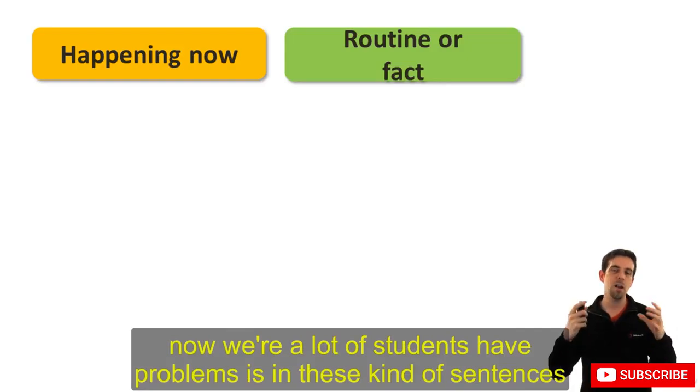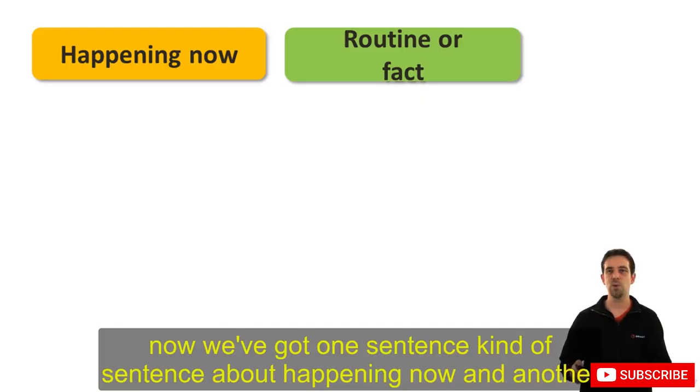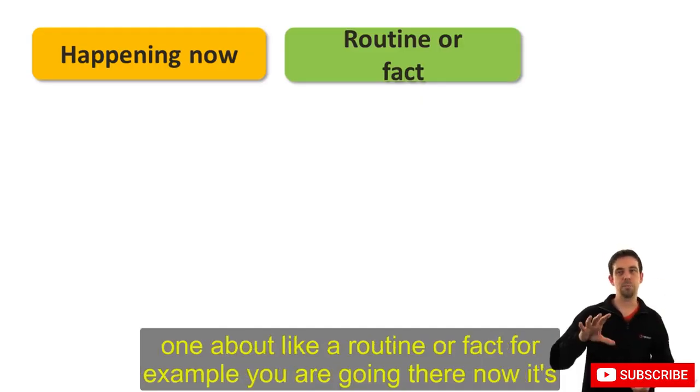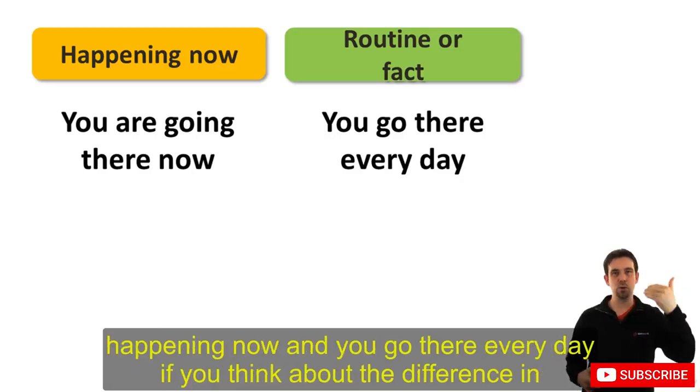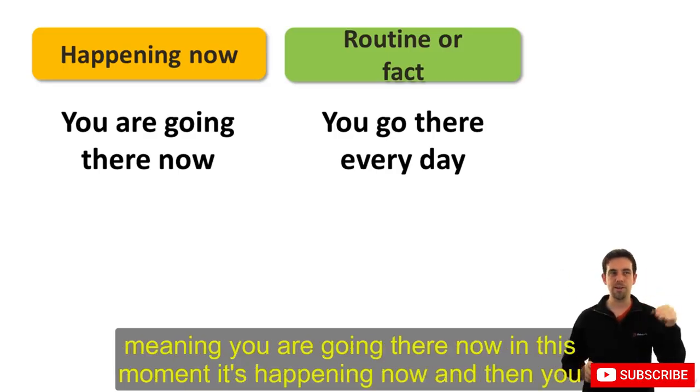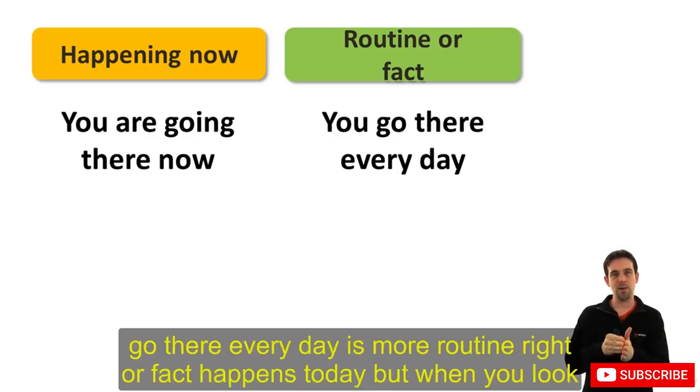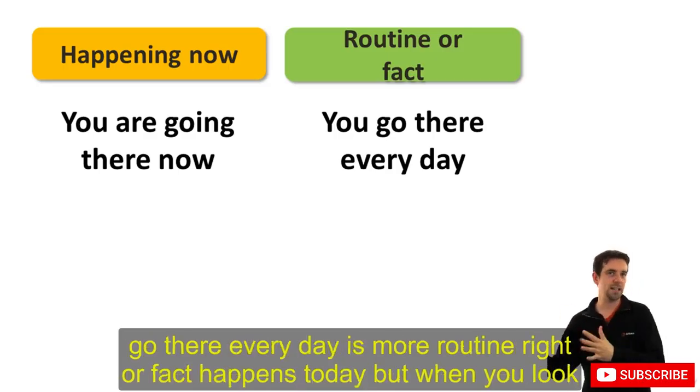Now, where a lot of students have problems is in these kinds of sentences. We've got one kind of sentence about happening now, and another one about a routine or fact. For example, you are going there now, it's happening now, and you go there every day. If you think about the difference in meaning, you are going there now in this moment, it's happening now, and then you go there every day is more routine, right?